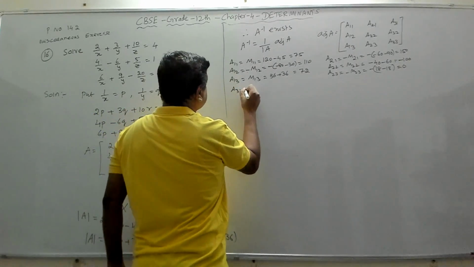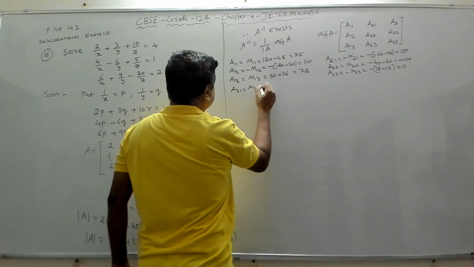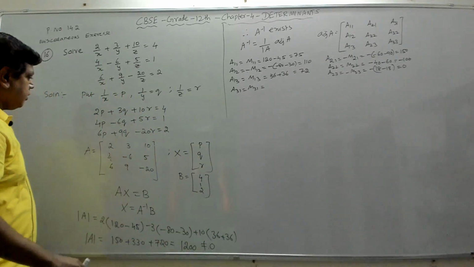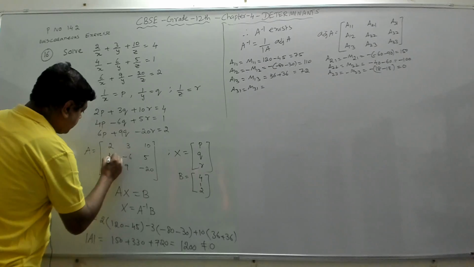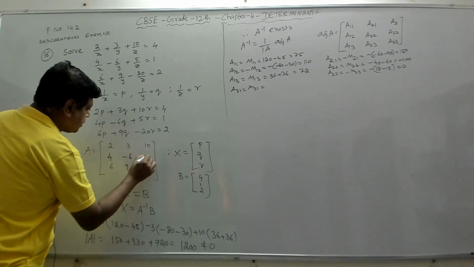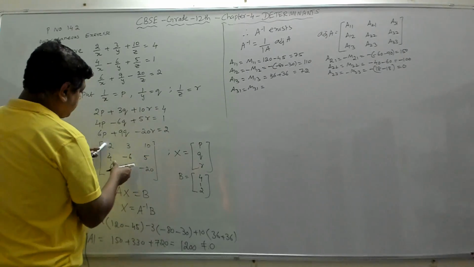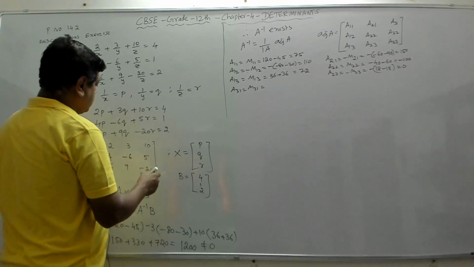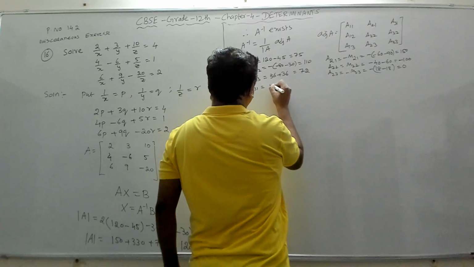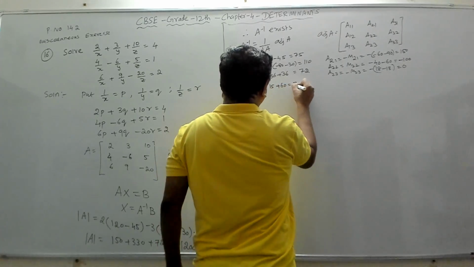Similarly, we should find A31. A31 is M31, which is third row, first column. So close this particular row and this particular column. 15 plus 60 is 75.